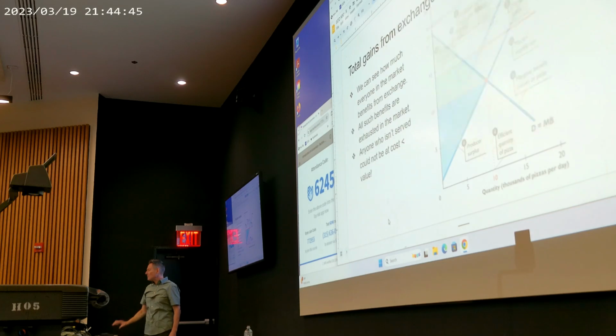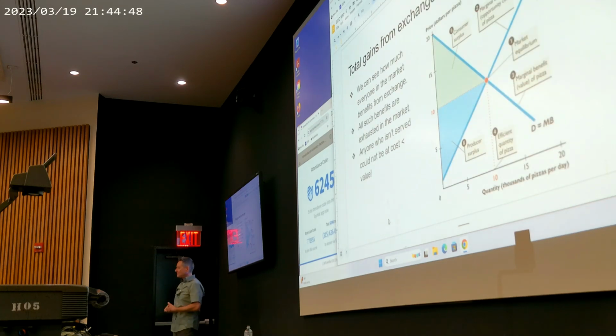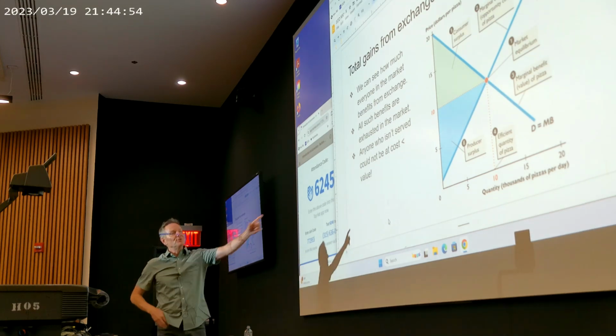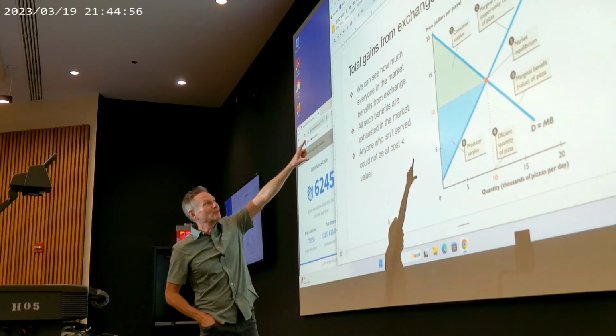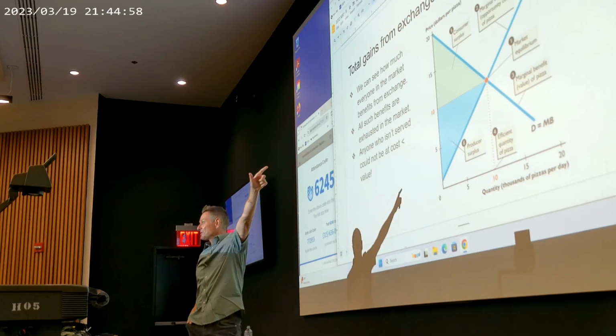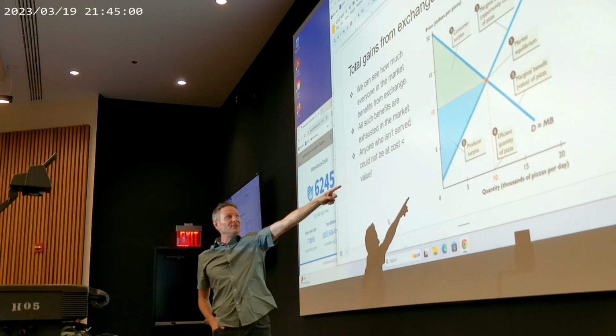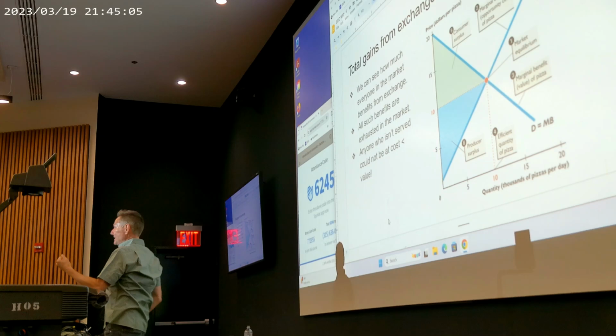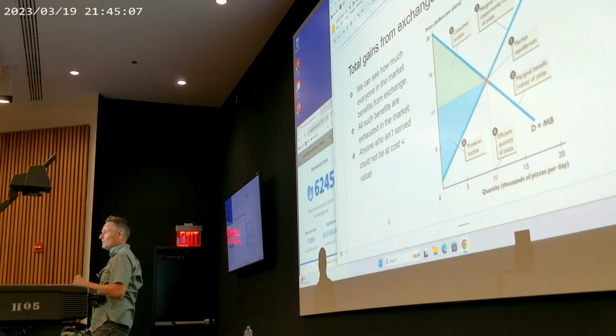Okay, well, what happens when we put it all together? We actually get a picture of what the total gains from exchange are in a market. So you look at this and you can now say that the green area up there is consumer surplus, and this blue area down here is producer surplus. Consumer surplus is what you value something at over what you pay for it.